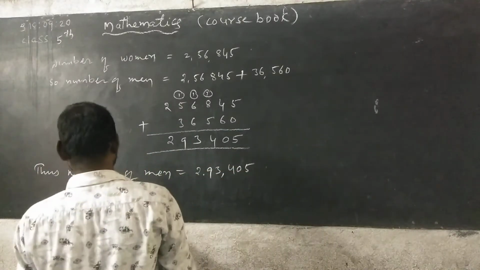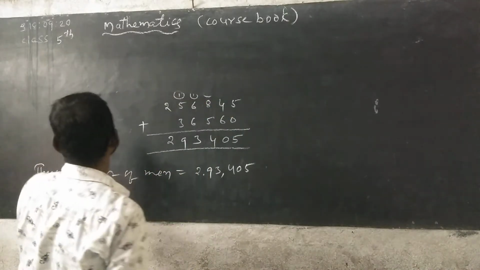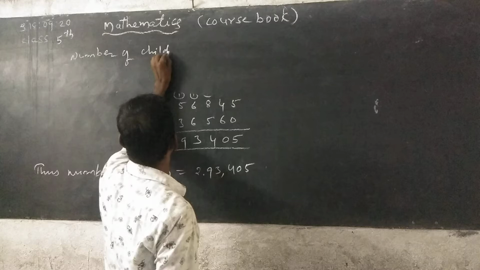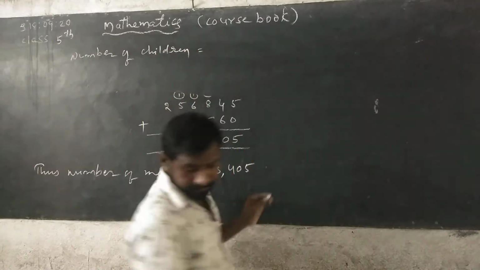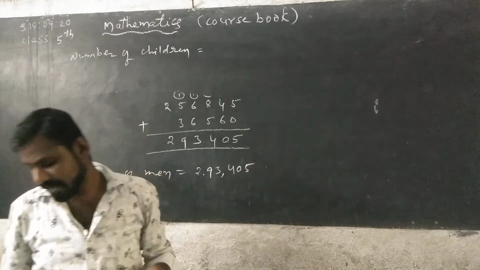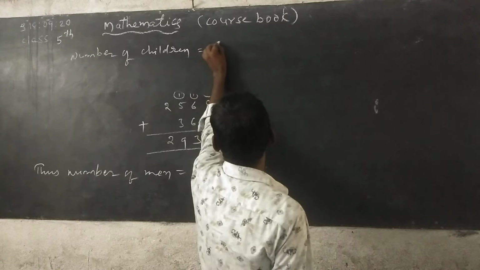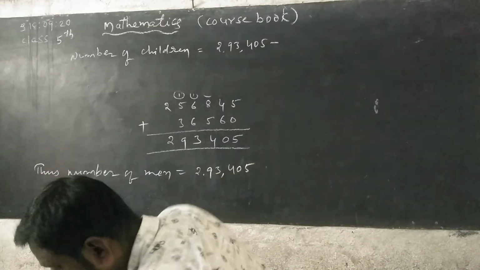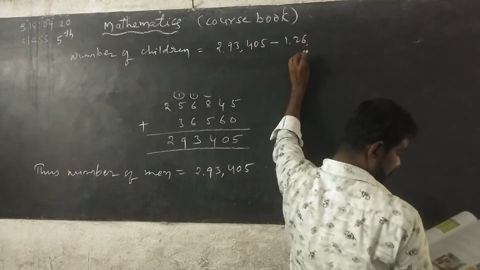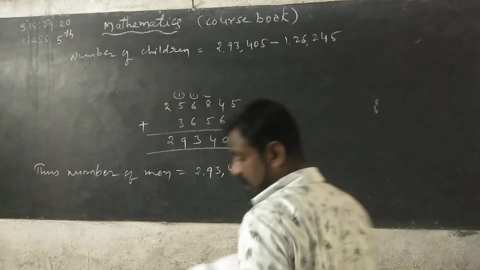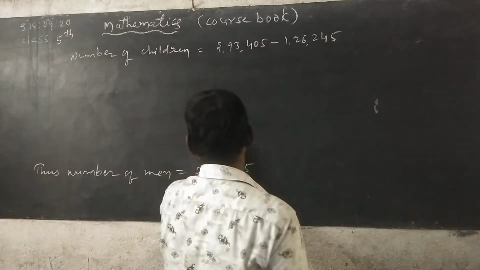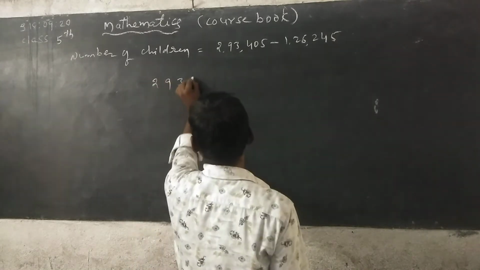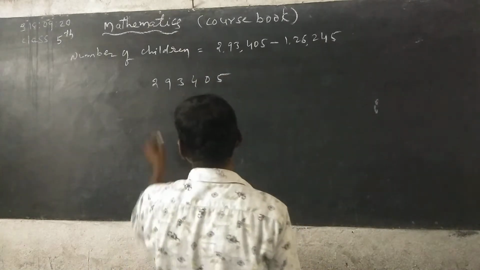So number of children is equal to 1,26,245 subtracted from the total number of men. You can write 2,93,405 minus 1,26,245.